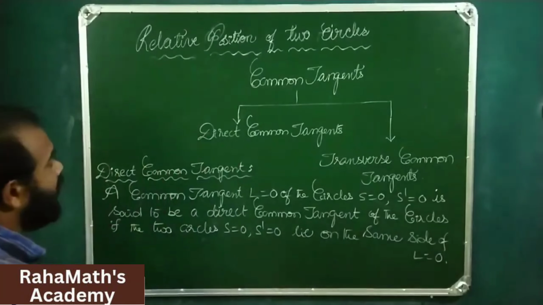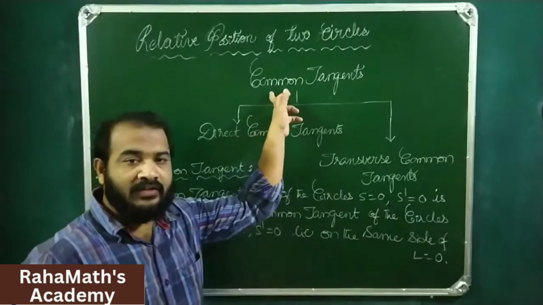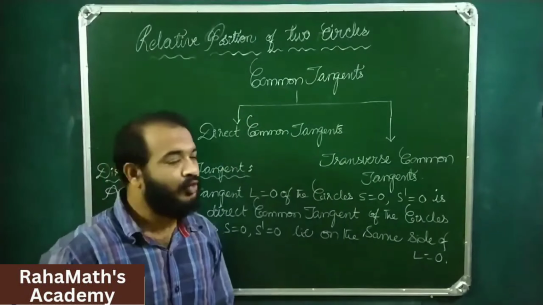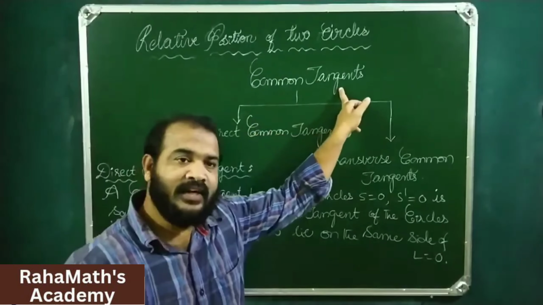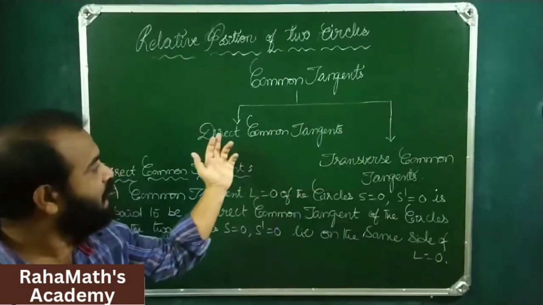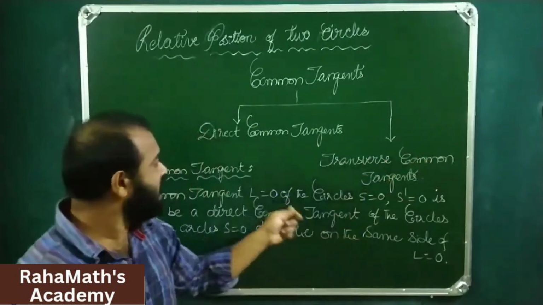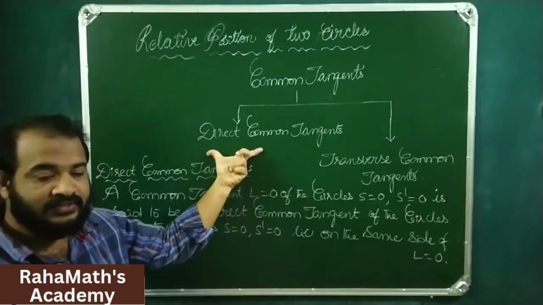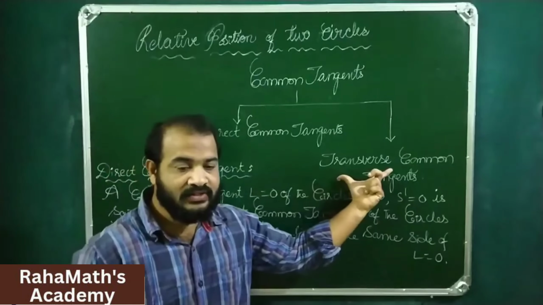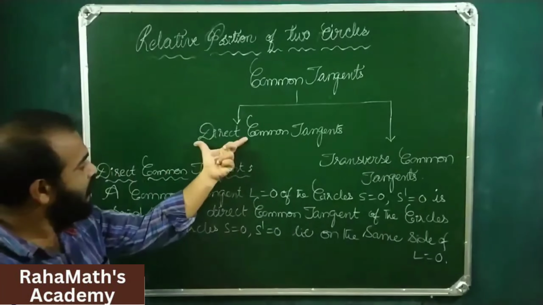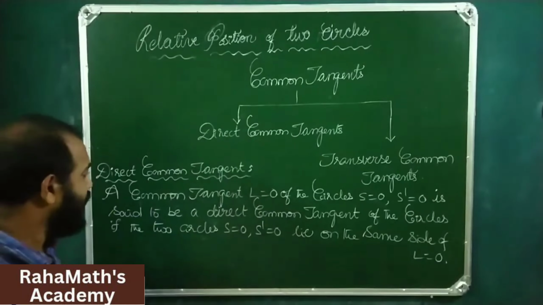So just now we have seen what common tangents are all about. These common tangents we can classify into two categories: direct common tangents and transverse common tangents. Let us see what a direct common tangent is.